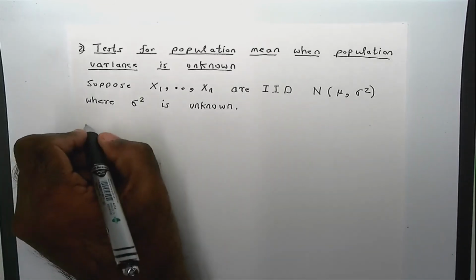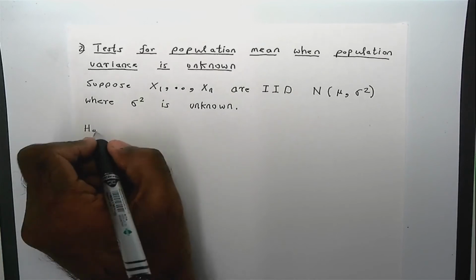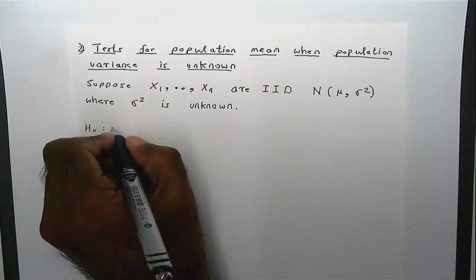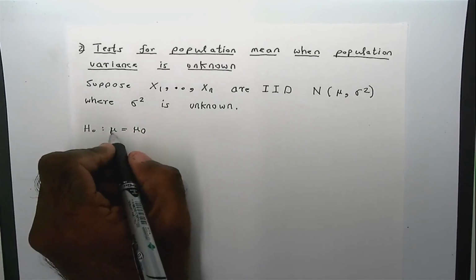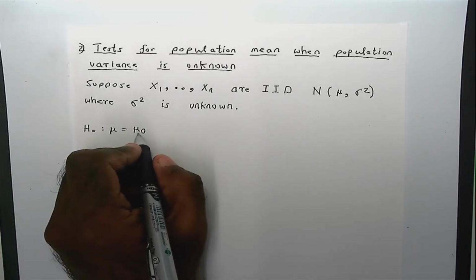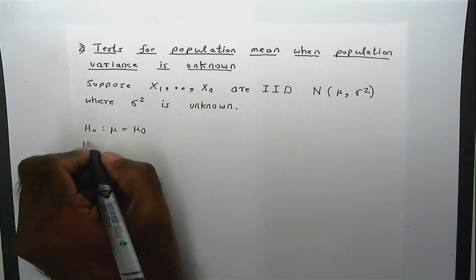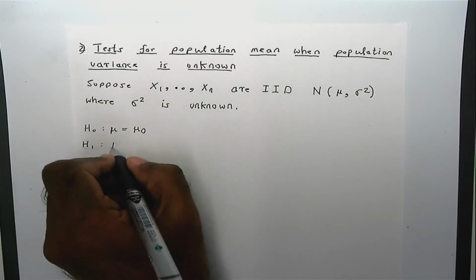So once again, I will write down the three different tests. The first one being testing that the population mean is equal to a pre-specified constant versus is not equal to.